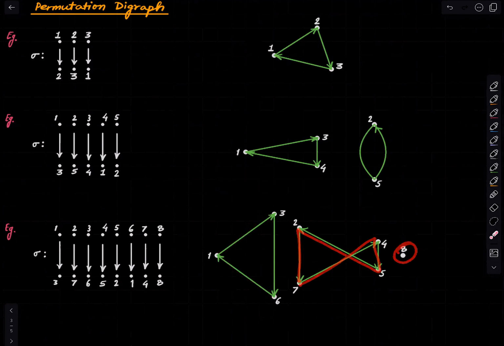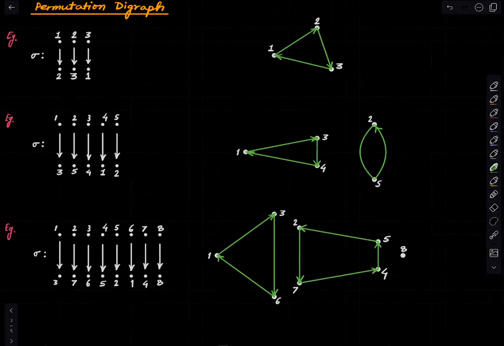This 4 cycle we can make look a little better, because it's just better to draw 5 above and 4 below. So let me change the labels and change the arrows. No, this is not correct. 2 goes to 7, 7 goes to 4, oops, 4 goes to 5, and 5 goes to 2.